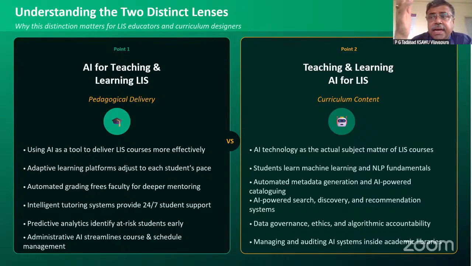Certainly, we cannot teach AI to our library science students the way we are teaching AI to the Bachelor of Technology in Artificial Intelligence or BE in Artificial Intelligence. The AI curriculum that the BE or BTech students manage is certainly different from the one we have to deal with for library and information science students.